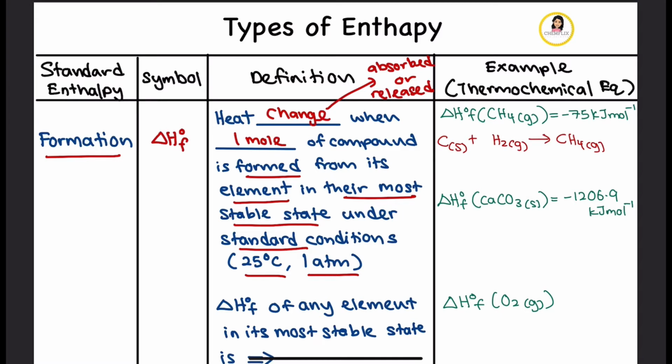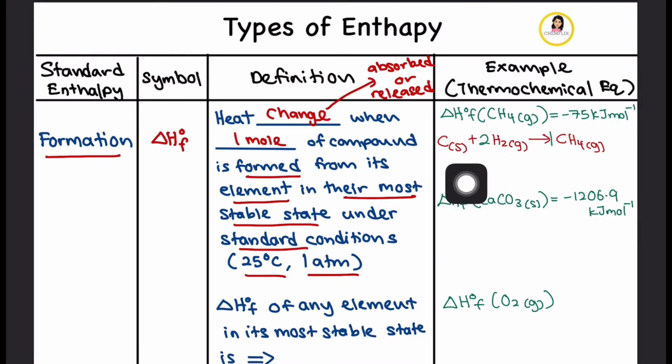Next, according to the definition, you must realize that it is for 1 mole of compound formed. Therefore, make sure to maintain 1 mole in front of methane before balancing the equation. So that would give us 2 in front of hydrogen.